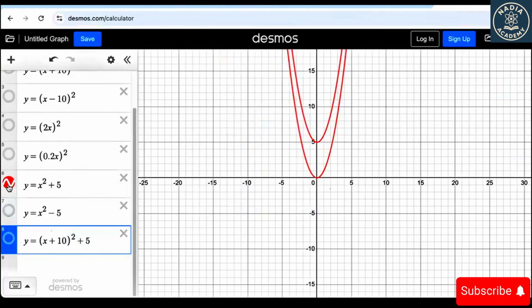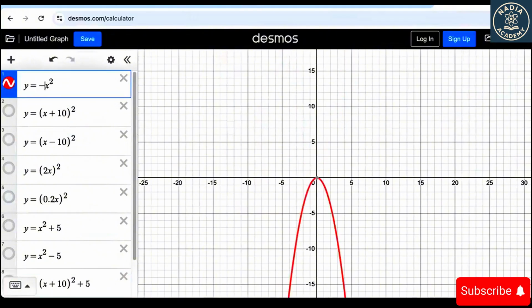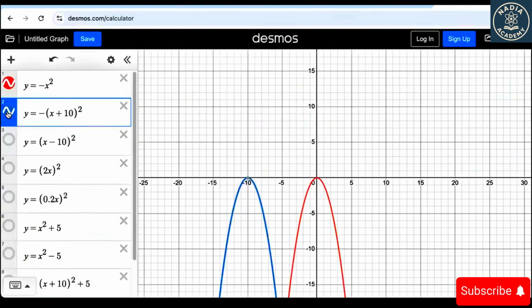What will happen here? If we have y is equal to x square and we put a negative sign, then it will flip. And with this addition, if we have a negative sign, then we will have negative, because addition towards a negative, and then this negative is just flipping.